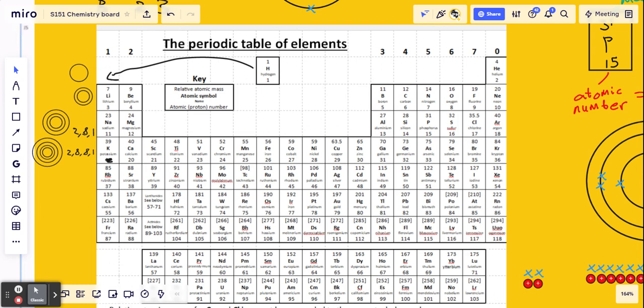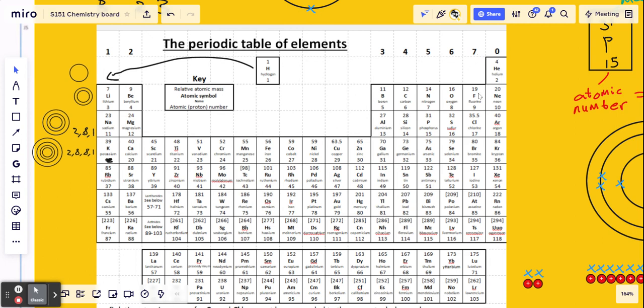So metals tend to have a low number of electrons in the outer shell, and non-metals tend to have a high number. By the way, this weird group here, 0, does that have 0 electrons in the outer shell? No, it has a full outer shell. So I suppose you could say it needs to lose 0 electrons in order to form a full outer shell.